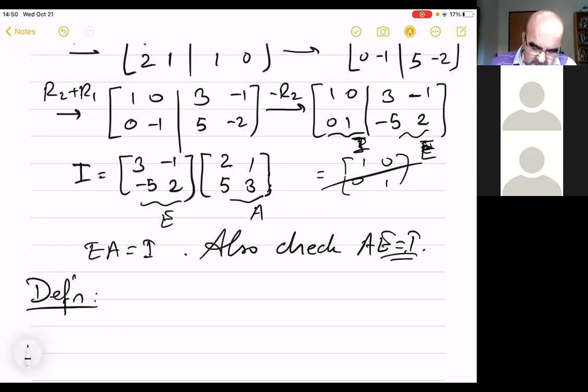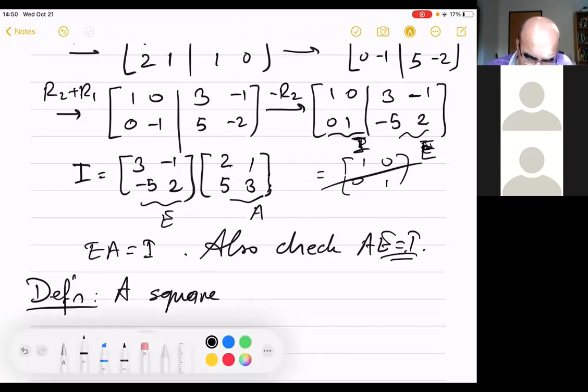So here's the definition. For this definition, you need not have a square matrix.